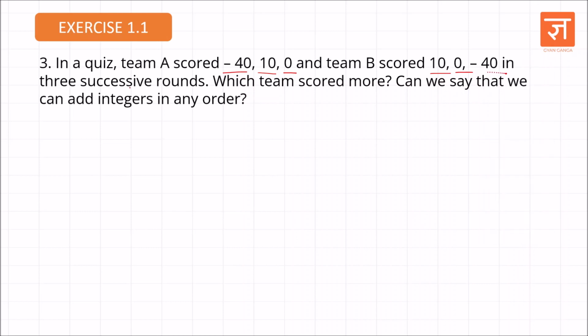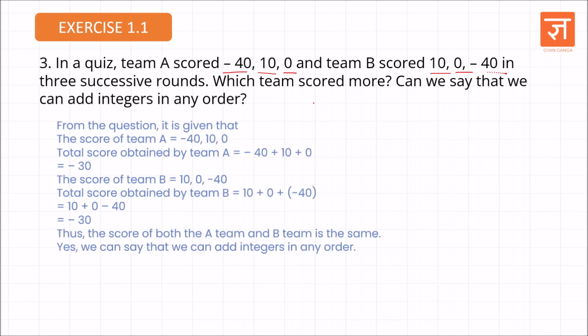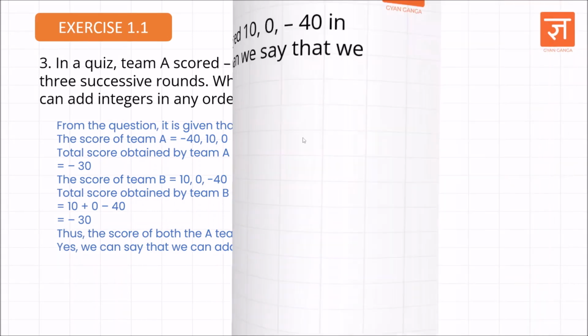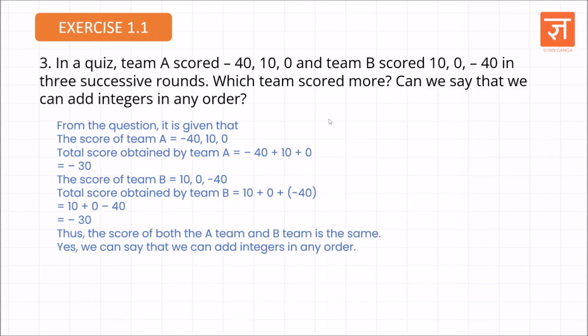So let us see team A's total score first. We have minus 40, 10 and 0. We have to just add it up. Minus 40 plus 10. With 0, we just got the same number, so it is the additive identity. Minus 40 plus 10, we have minus 30. For team B, we have 10, 0 and minus 40.